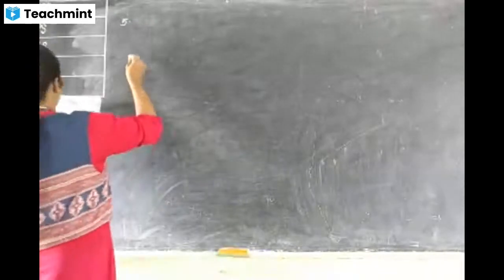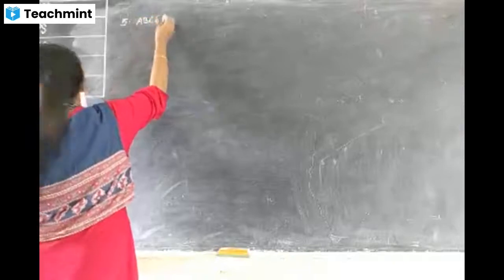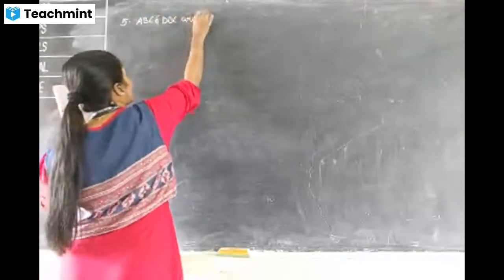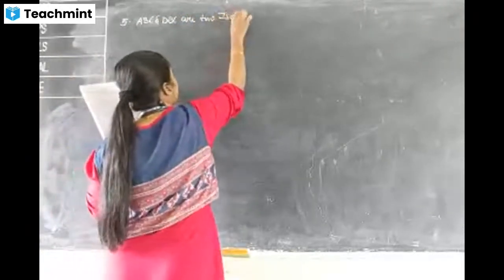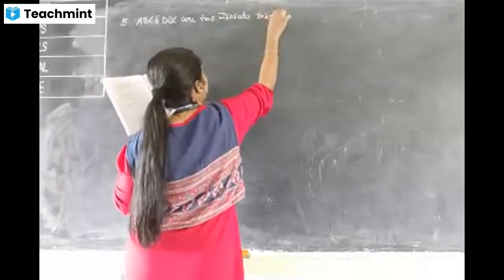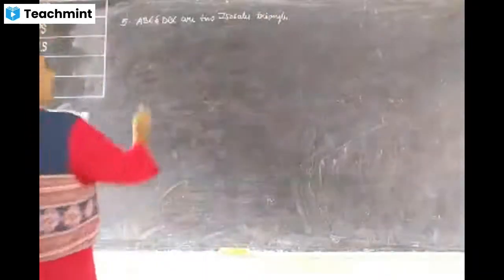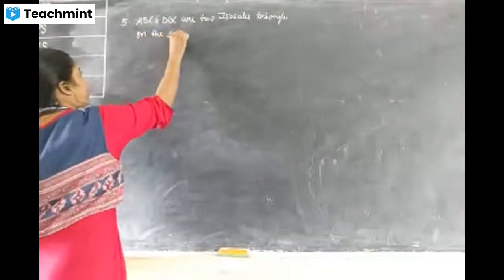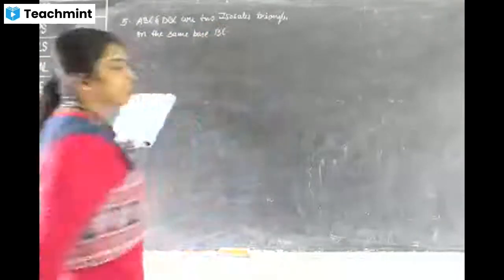ABC and DBC are two isosceles triangles on the same base BC.